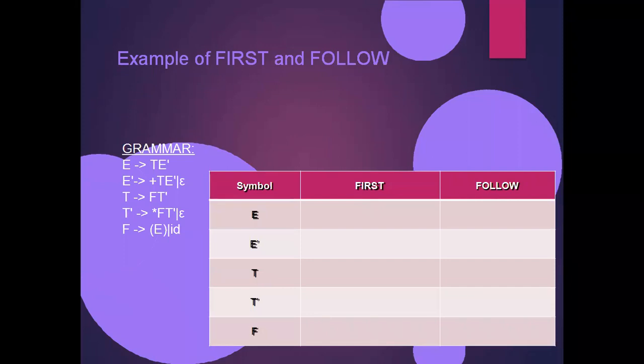In the last class, we already learned how to construct the first function and the follow function by following their rules. In this class, after constructing the first and follow function table, we are going to construct the parsing table. That is nothing but table driven parsing.